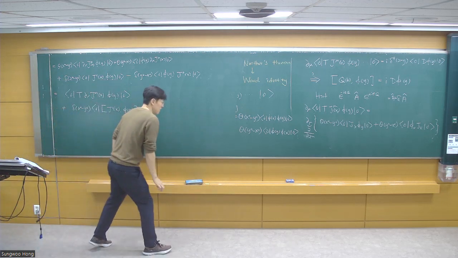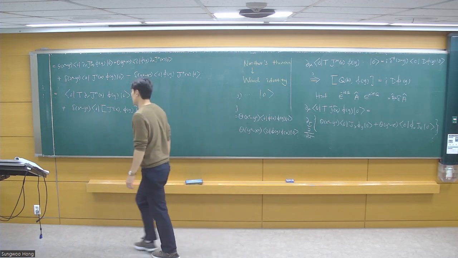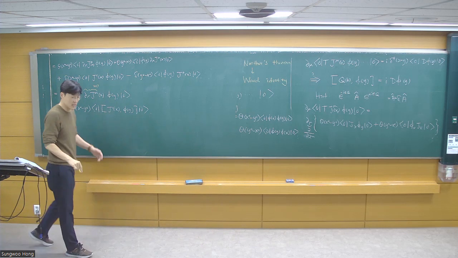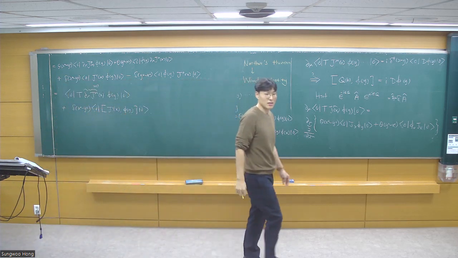Now, before I clean it up, let me use the fact that as an operator equation, this itself is 0, if one uses, for instance, the equation of motion as an operator equation.